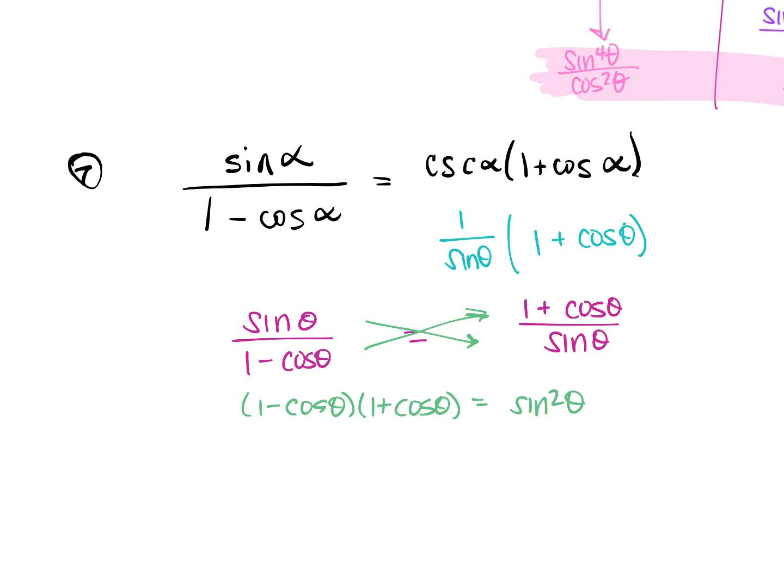The 1 minus cosine times 1 plus cosine is a difference of squares, so that turns into 1 minus cosine squared. What is this? One of your Pythagorean identities.